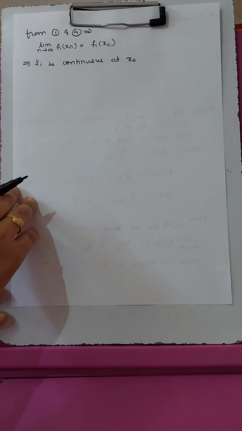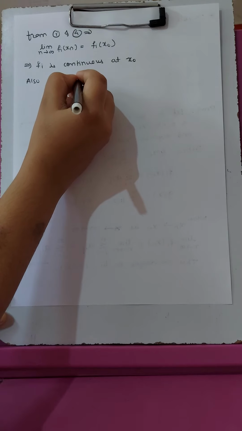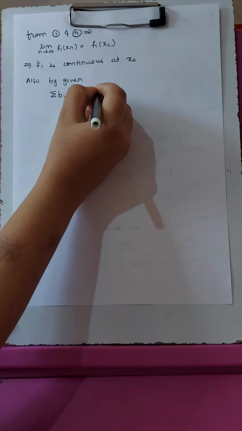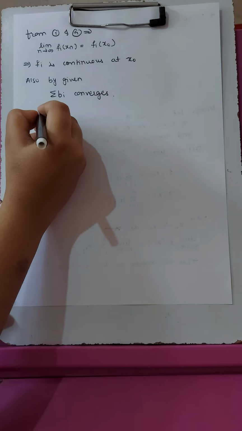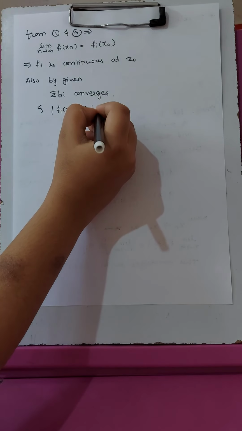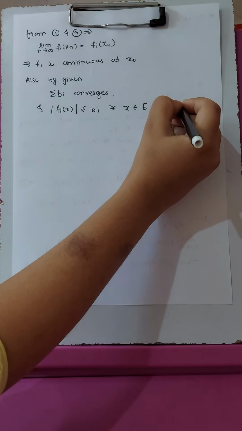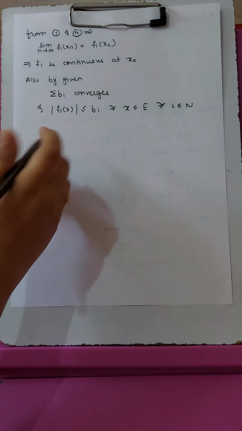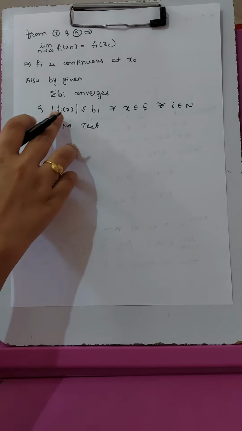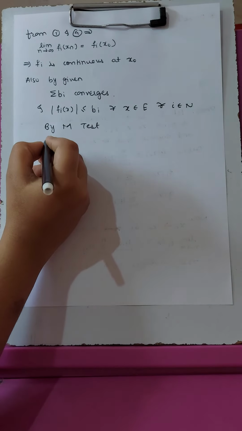at x0, and also by given we have that summation bi converges, and also that mod of fi of x is less than or equals to bi for x belongs to E, for all i belongs to the set of natural numbers. So here by M test this series summation fi of x will be uniformly convergent.